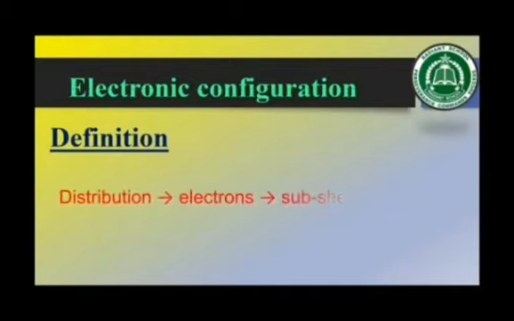What is electronic configuration? It is the distribution of electrons in subshells of an atom. It is distribution of electrons among the different subshells of an atom. How are these electrons distributed in different subshells?